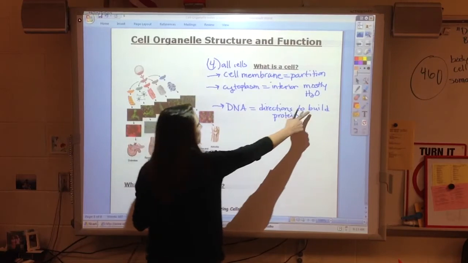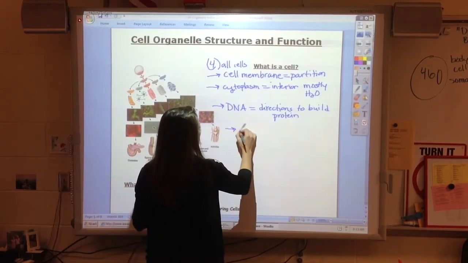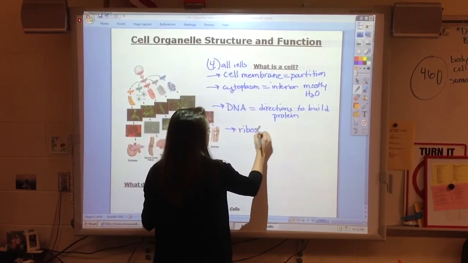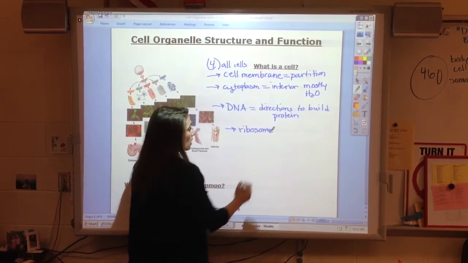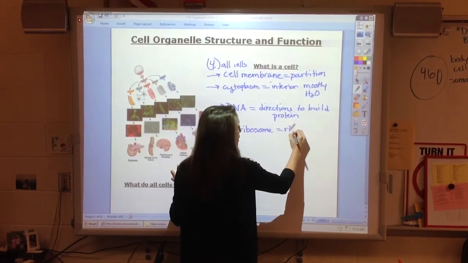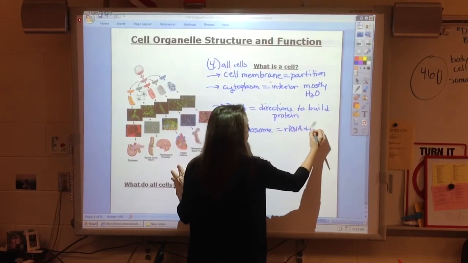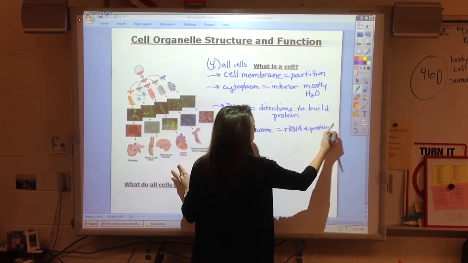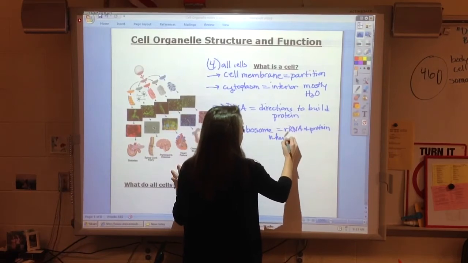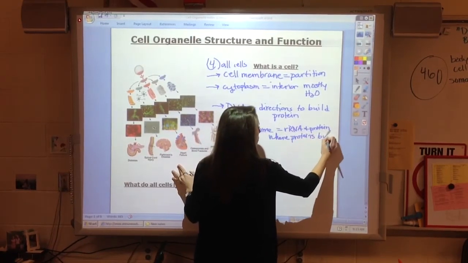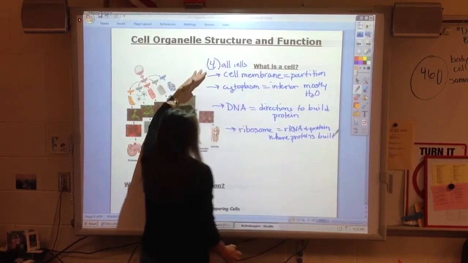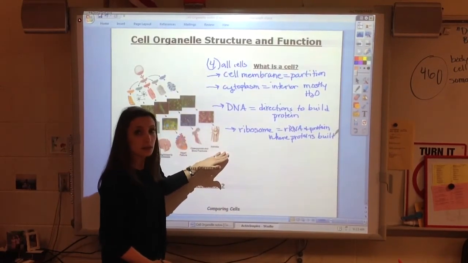And so in order to build a protein, we actually need a part of a cell called a ribosome. We've actually talked a little bit about the ribosome already. We know that this is rRNA and protein, but this is where proteins are built. So every cell will always have these 4 things.